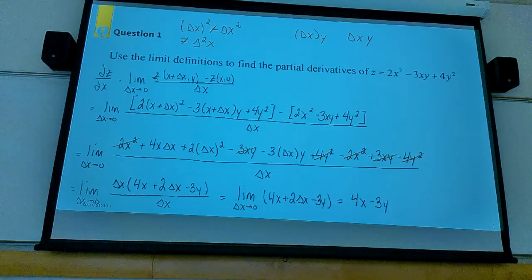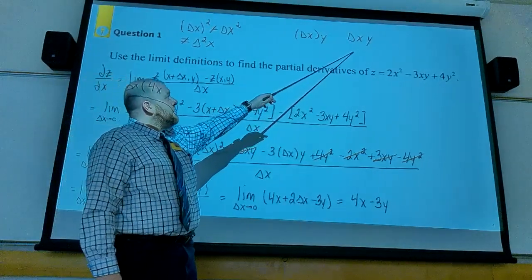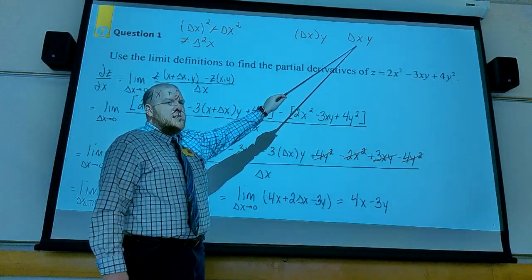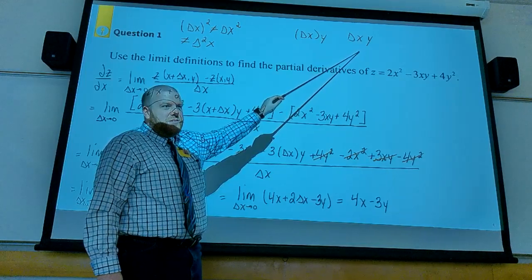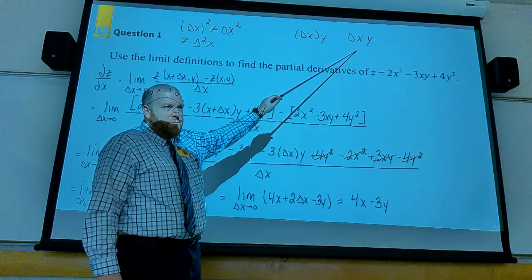Here you have to be careful. These two could mean the same thing. Or this one could be read the change of the entire thing x times y. So avoid that ambiguity.